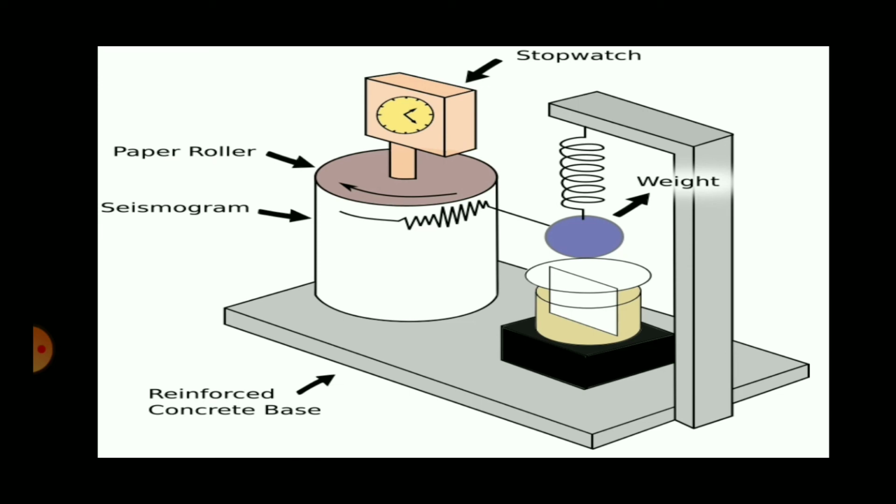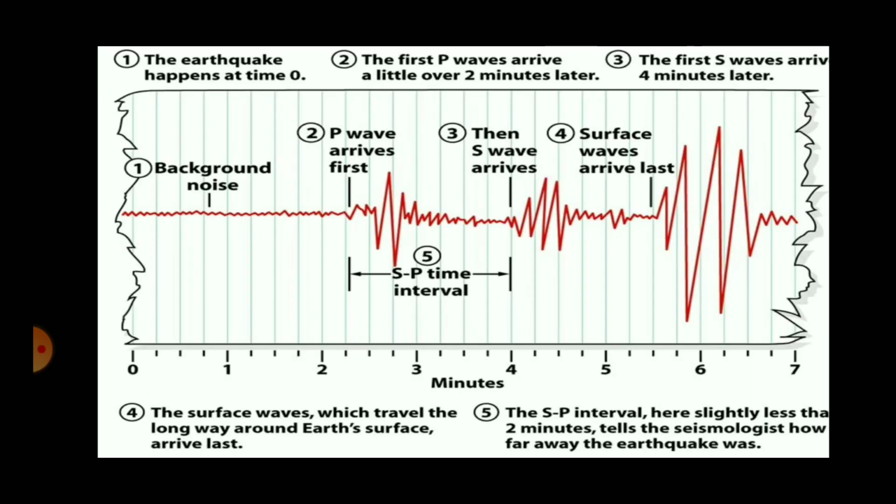With the help of modern technology, many advanced types of seismographs have been designed. With their help, even micro seismic waves whose magnitude is very low can be measured. Here is the picture where you can see that before an earthquake some background sound, some sort of noise, will be heard.